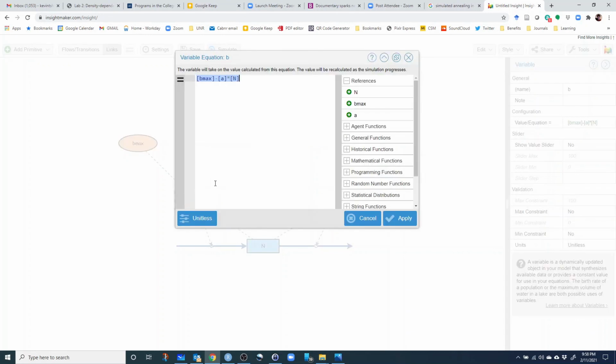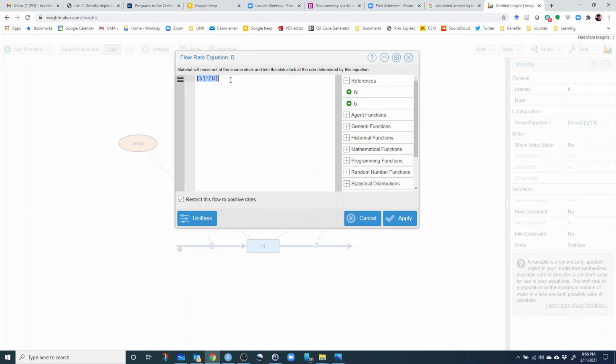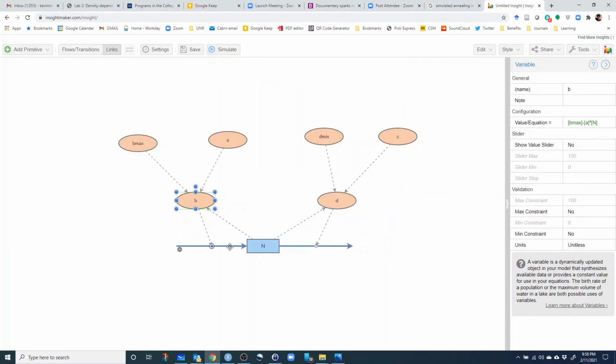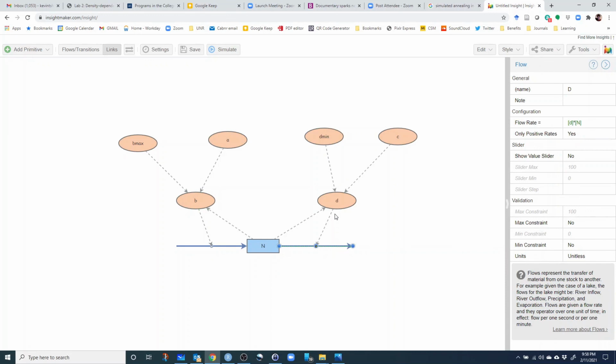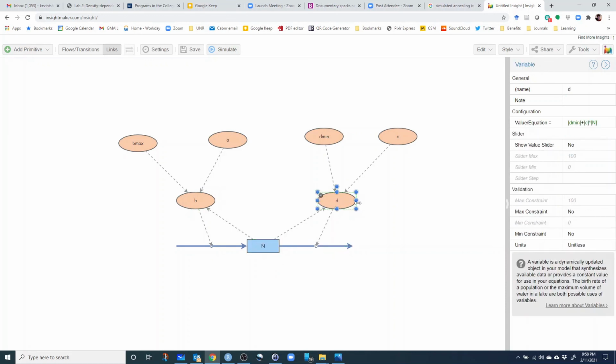So we should have these correctly, and this flow should be the same as it was before, because the total birth rate is just determined by the birth times the abundance. That is the little b times abundance, and total deaths is just the total abundance times the fraction of the population, or the percentage of the population that die, and those are the things that are changing with density now. So we should have everything we need.